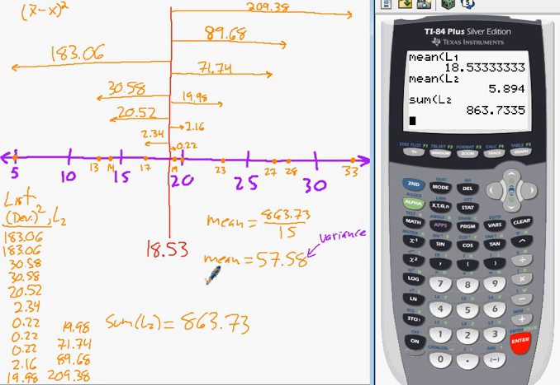So if we want to bring this back down to a reasonable and sort of normal level of this data, what we need to do, and this is going to be the standard deviation, is square root this number. And that's going to be 7.59.